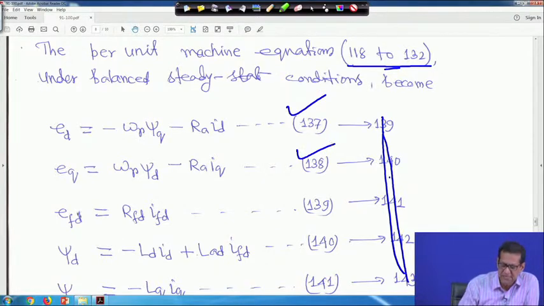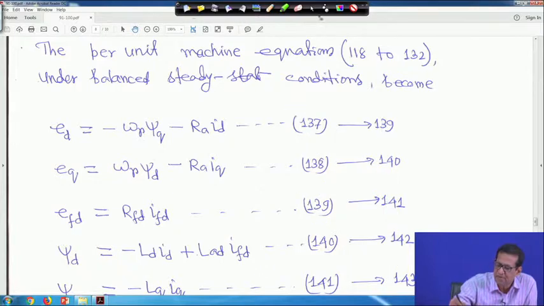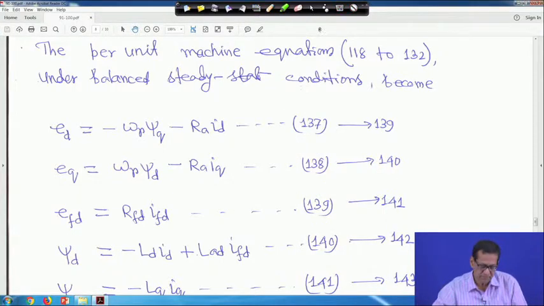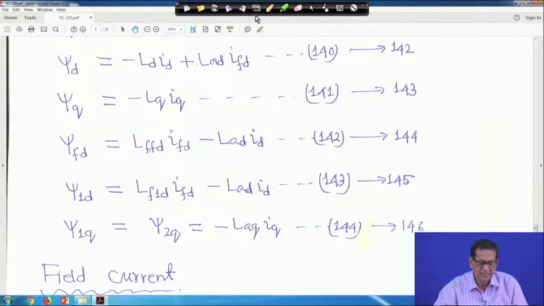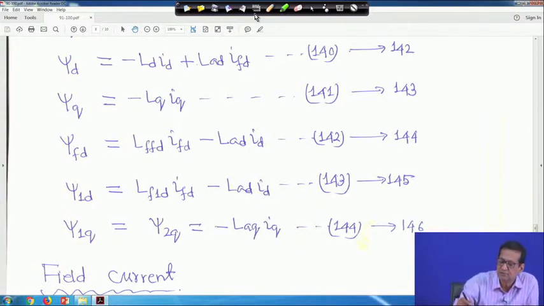Similarly, Efd is equal to Rfd Ifd, this is equation 139, and psi d is equal to minus Ld Id plus Lad Ifd, this is equation 140. Similarly, psi q is equal to minus Lq Iq.